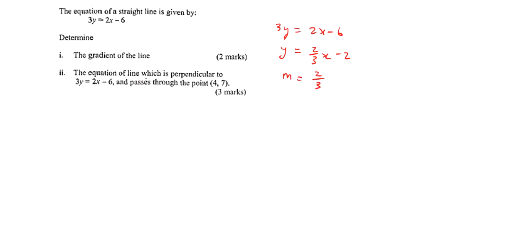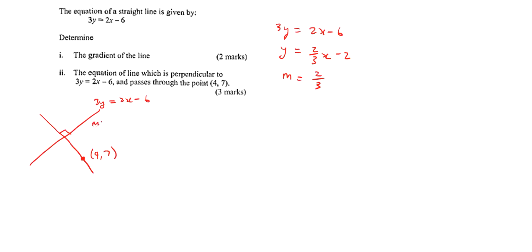Now in part 2, there's the equation of the line that is perpendicular and passes through the point 4, 7. So we have one equation that we know, which is 3y equal 2x minus 6, and they're telling us that we have a perpendicular line that passes through the point 4, 7, and they want the equation of that line.